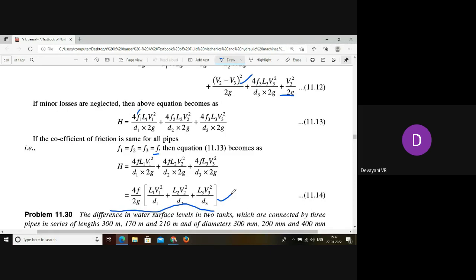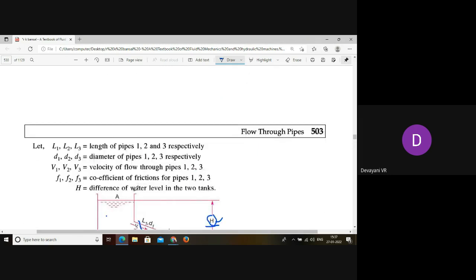If the pipes are connected in series, then the total head loss H equals 4F by 2g into L1 V1 square by D1 plus L2 V2 square by D2 plus L3 V3 square by D3. Right? So this is the equation. Do you understand, guys?